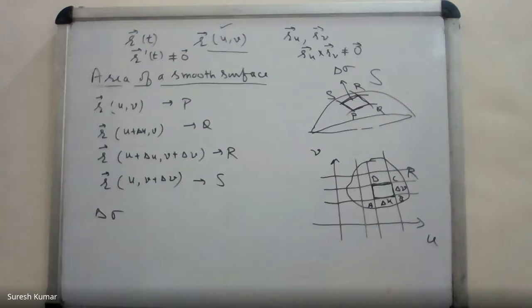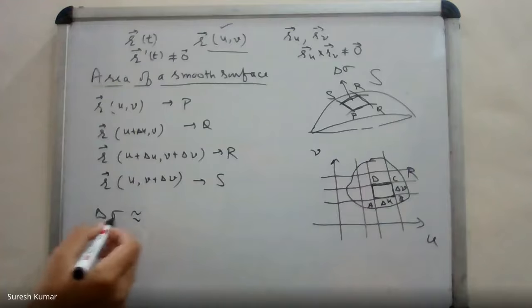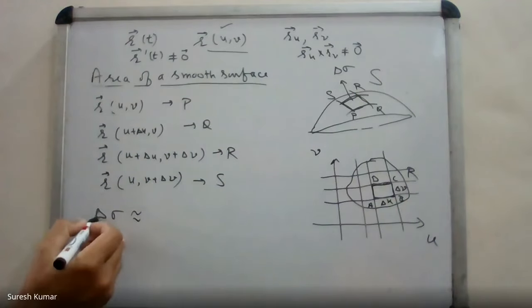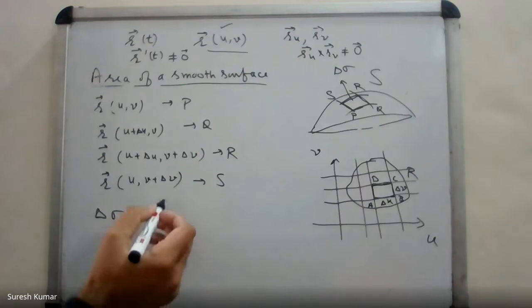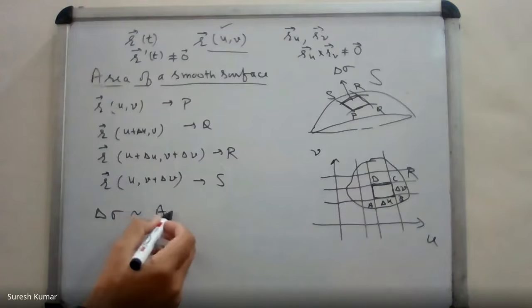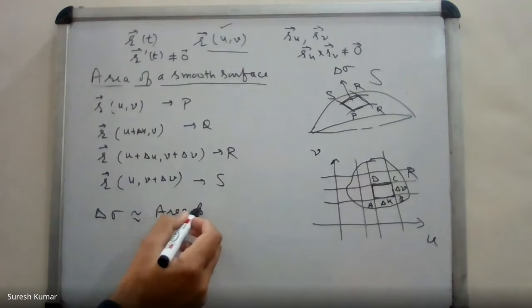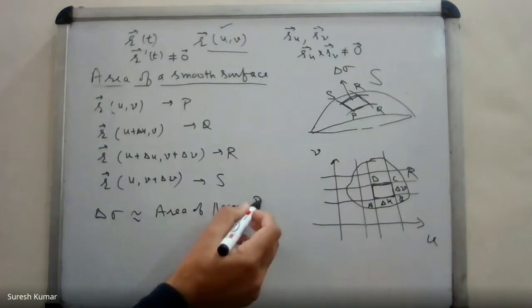We have a parallelogram PQRS. I can say the area delta sigma of this patch is approximately equal to the area of the parallelogram PQRS.